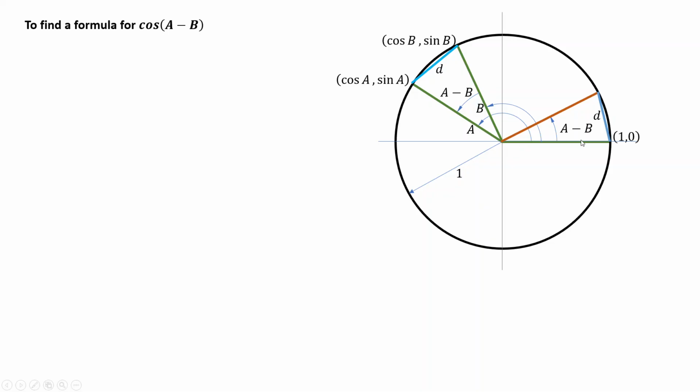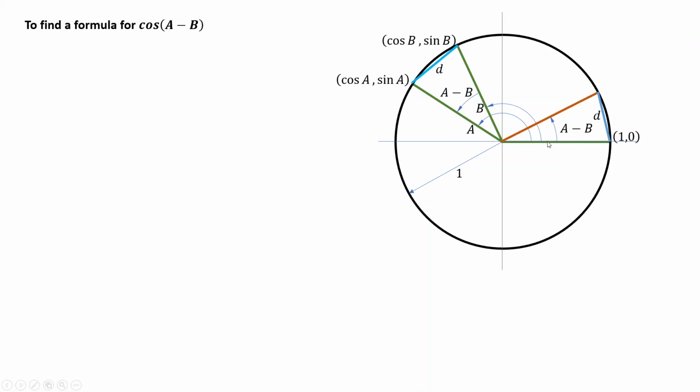So this is the initial side and that is the terminal side. In this case, this is the initial side and that is the terminal side of the angle A minus B. But we can transfer this and write like this, so that this is the initial side and that is the terminal side, but the angle is still the same, A minus B.